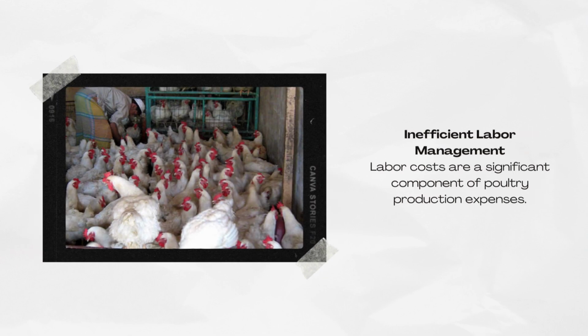So our mitigation strategy when it comes to inefficient labor management is to streamline your labor management by optimizing staffing levels, organizing comprehensive training for your workers, and implementing efficient working processes. Regularly evaluate and adjust your labor force based on production needs.